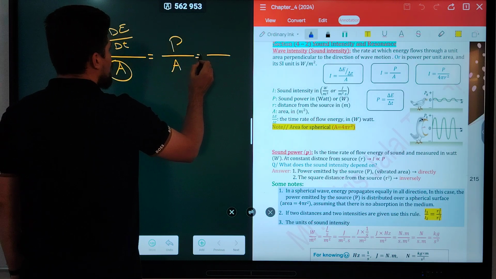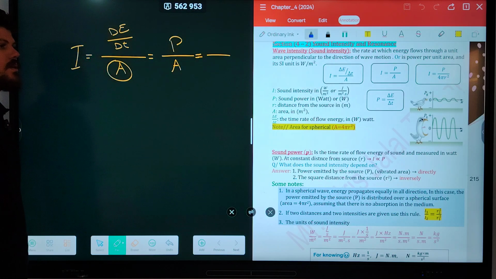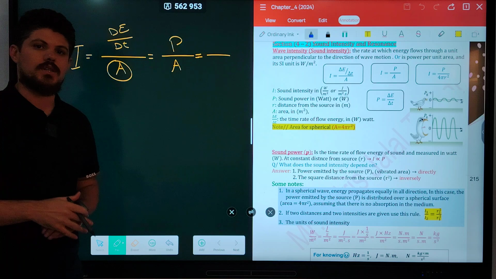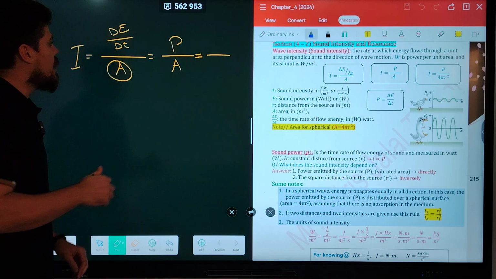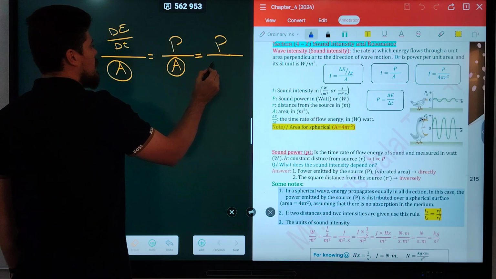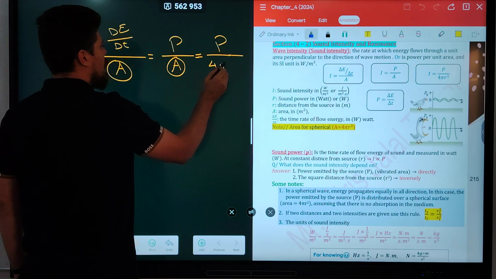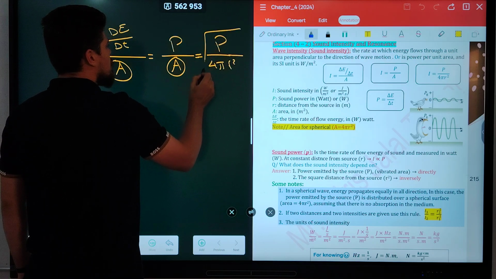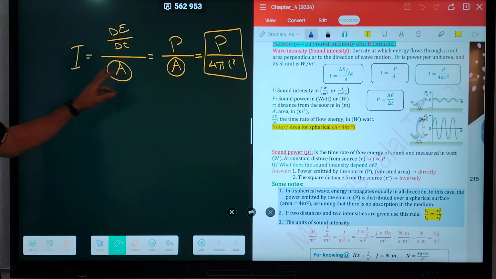As we studied in section 1, sound propagates in all dimensions as a spherical wave, and the area of a sphere is equal to 4 pi r squared. Which equation is correct about the intensity of sound? All three equations are correct.